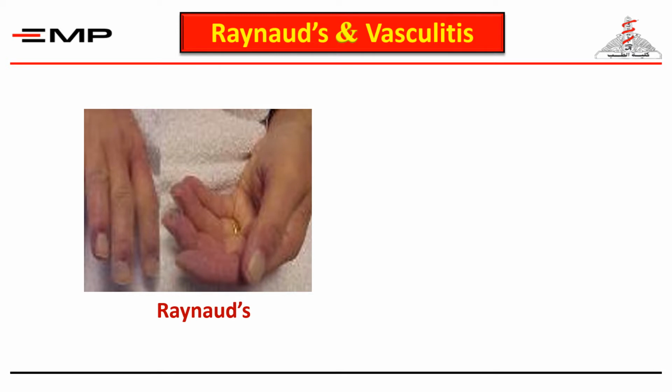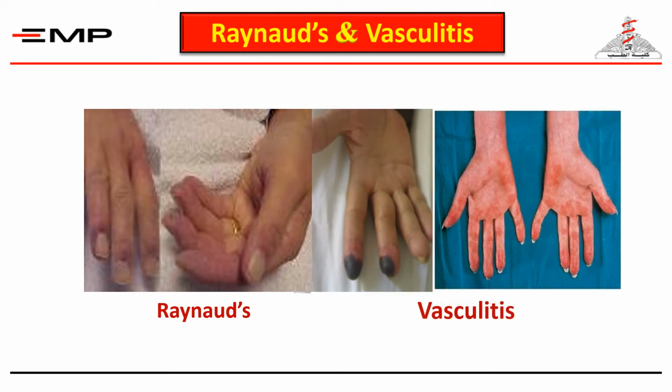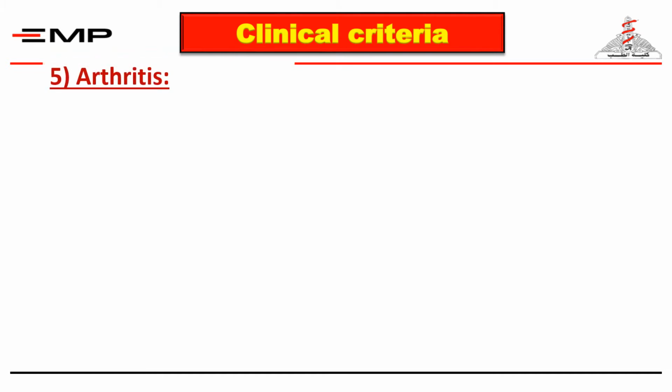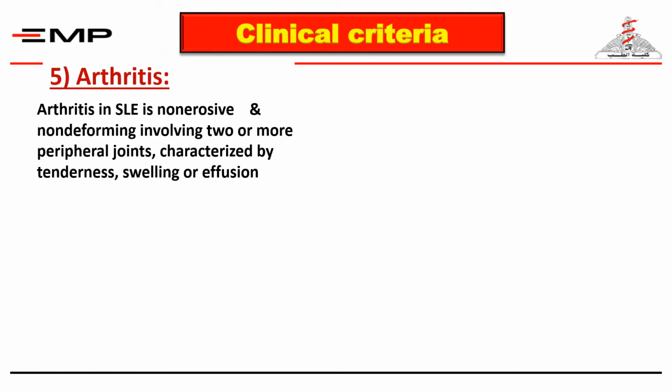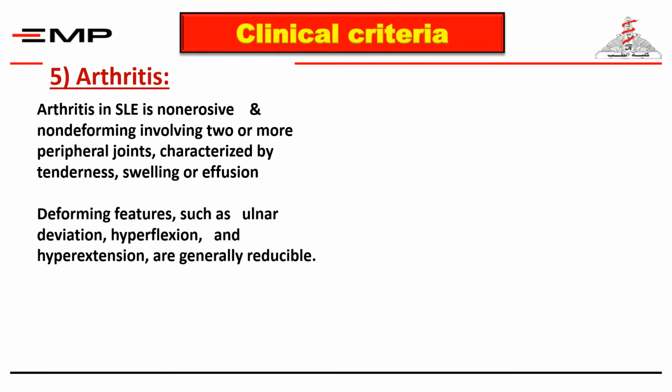Also, Raynaud's phenomenon and vasculitis may occur in SLE patients, but they are not criteria of the disease. Number 5 from the clinical criteria is arthritis. Arthritis in SLE is non-erosive and non-deforming, unlike that in rheumatoid arthritis patients, involving two or more peripheral joints and characterized by tenderness, swelling, or effusion.